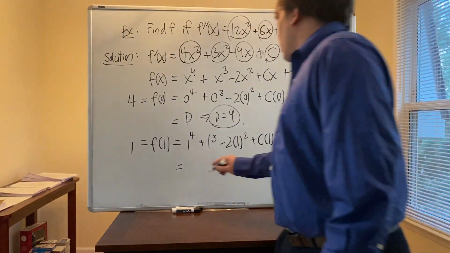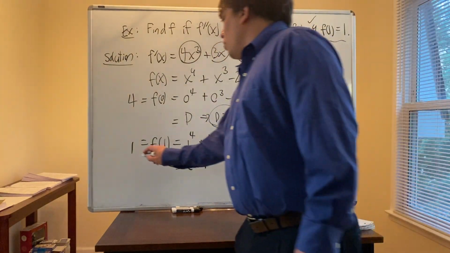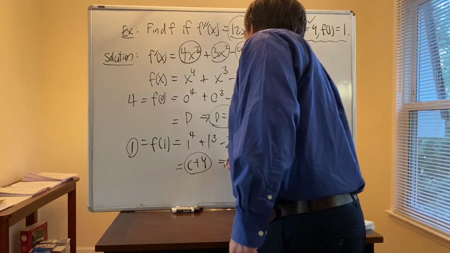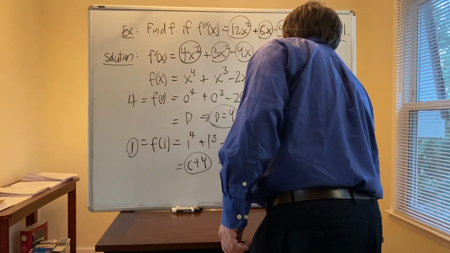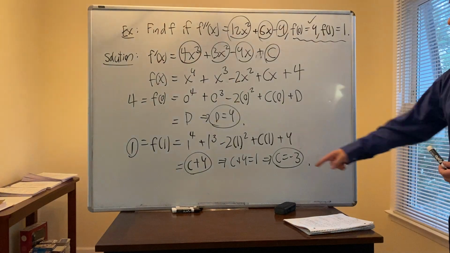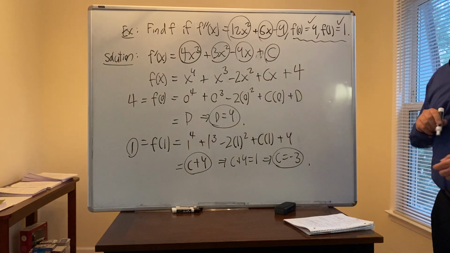Plus c plus 4. So this is c plus 4. And so 1 is equal to c plus 4. Therefore, c is equal to negative 3. So c is equal to negative 3 by satisfying the second equation.